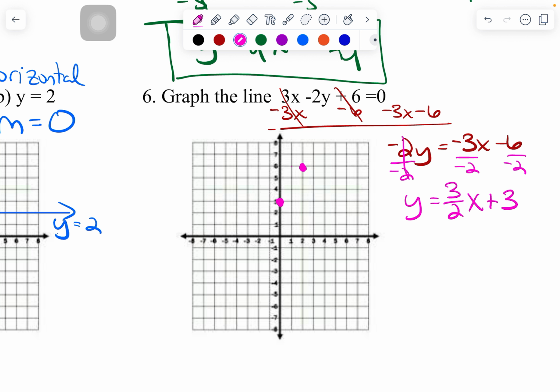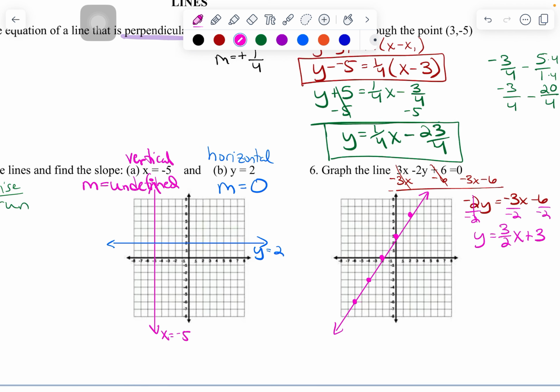Down 3, 1, 2, 3, and 2 to the left. And again, ran out of graph. So using all of those points, I can play connect the dots. Makes a nice line there. Arrows at the end. And that is graphing that line.